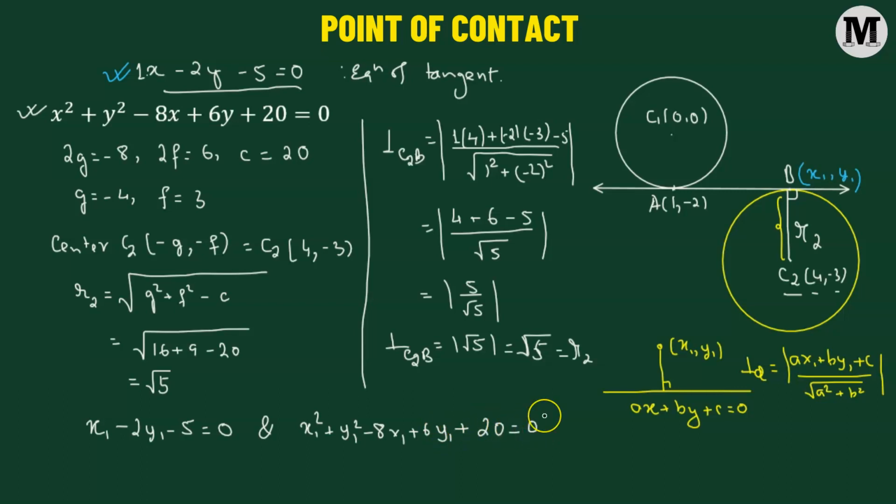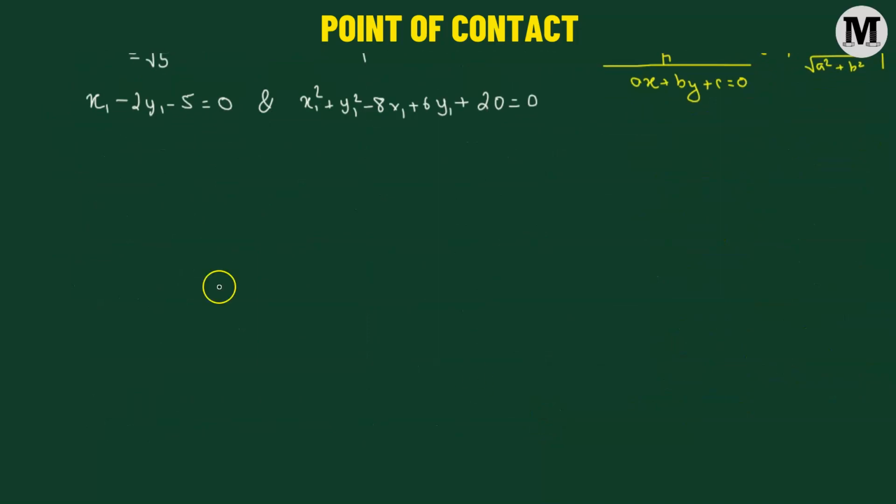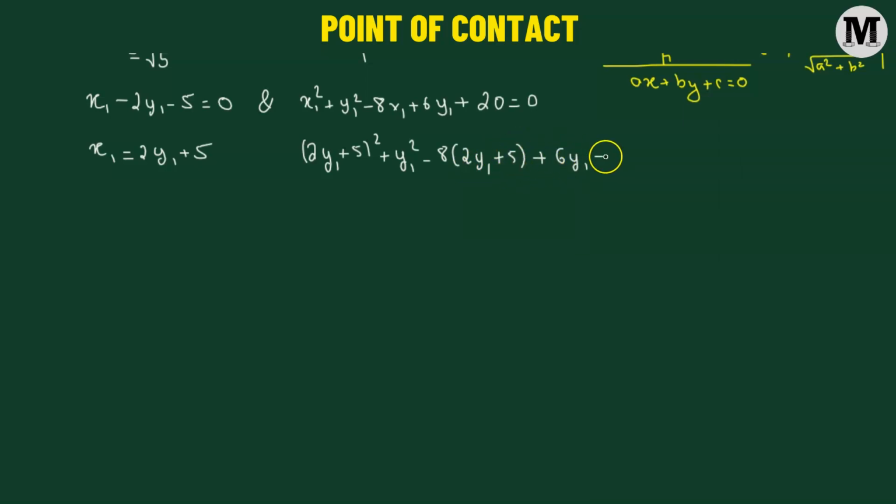To find out the values of x1 and y1, we will solve these two equations. This is a very simple task. Here we can rewrite x1 as 2 times y1 plus 5, and we will replace this value of x1 into the equation of the circle. So we get (2y1 plus 5) whole squared added to y1 squared minus 8 multiplied by x1, where we replace x1 with 2y1 plus 5, plus 6y1 plus 20 equals 0.